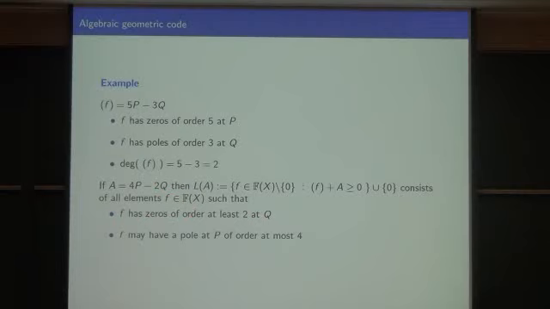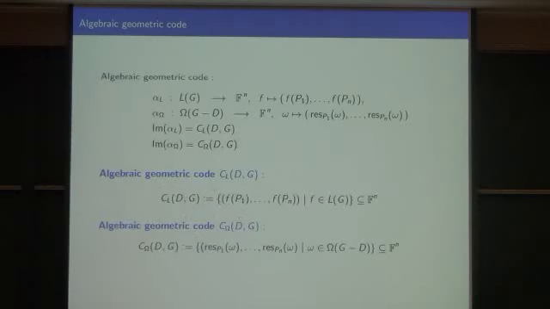And since A has 4p, f may or may not have a pole at p. If it has a pole, it has order at most 4, because if it has order 5, then this becomes minus p, which we don't want. Okay, so this is the Riemann-Roch space.